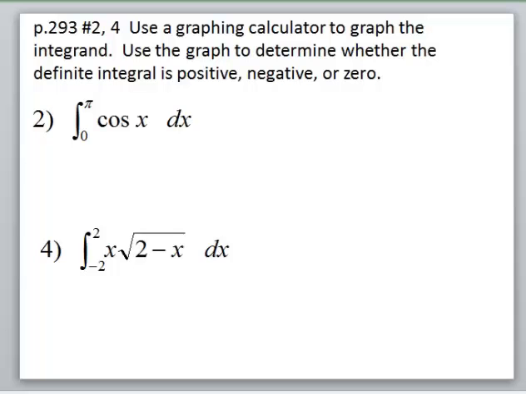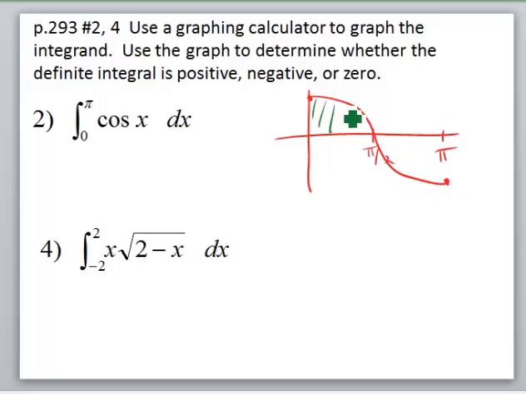So if you would go ahead and graph on your graphing calculator the cosine of x, you will find that your graph looks like this from 0 to pi. From 0 to pi, it would go up at 1, come down here, and then finish at negative 1. So you'd be talking about the area underneath the curve here and here.